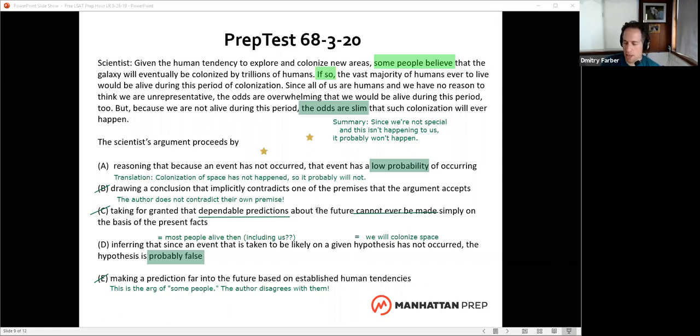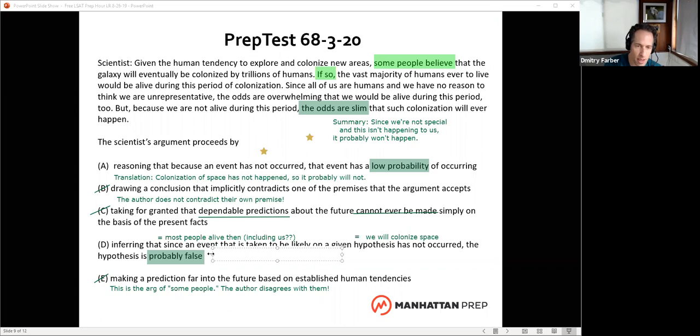It's kind of like when people say time travel isn't real because if it were, we'd have met time travelers. Maybe. That's an interesting argument, right? So they're saying, look, if it were true that we're going to colonize space, then you'd expect most people to be alive then. Since that hasn't happened, then we will probably not colonize space, right?